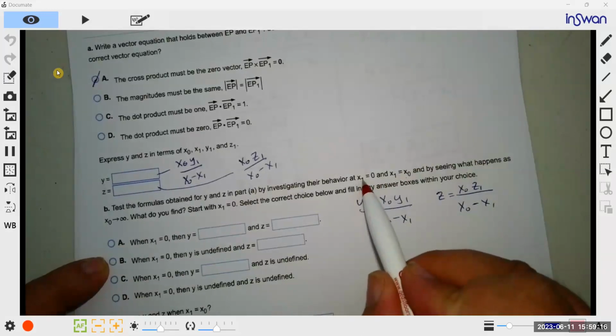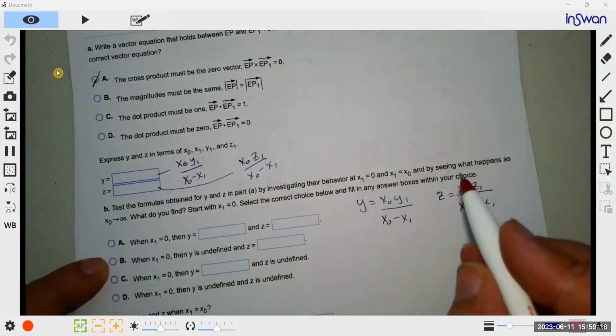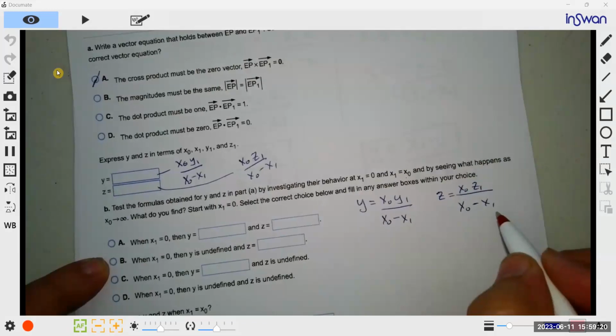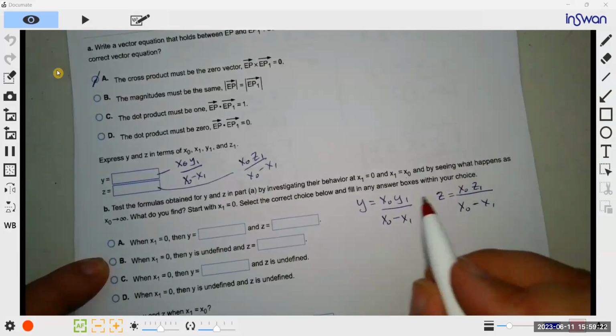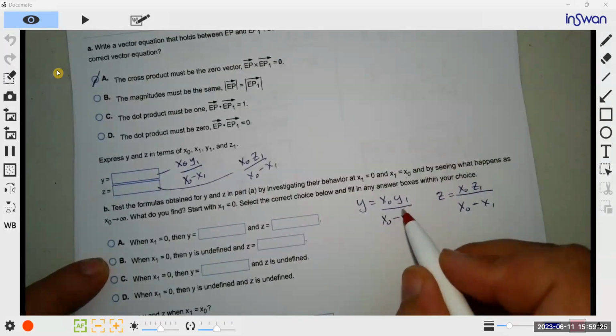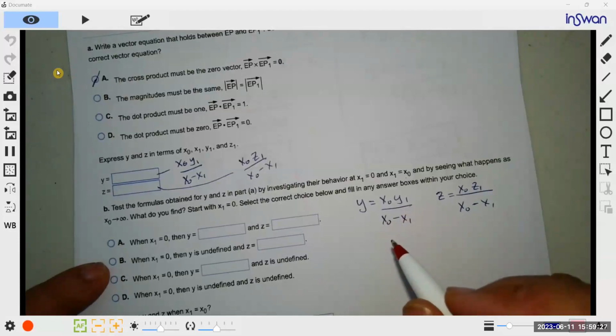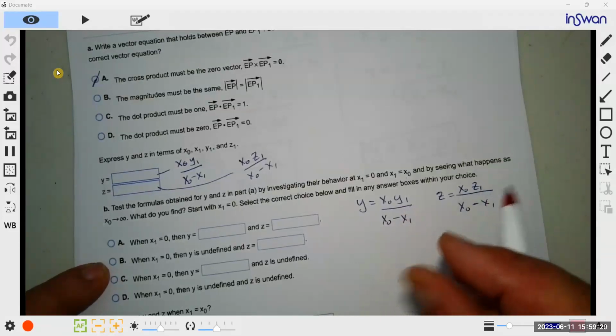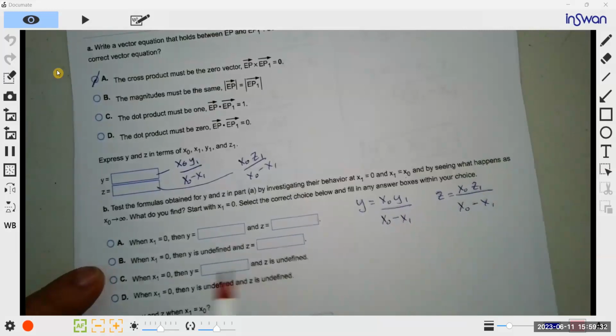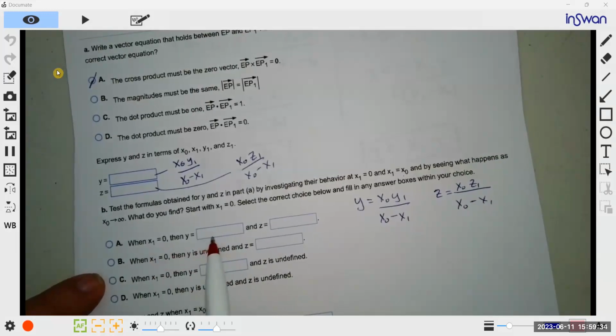When x1 goes to 0, both can be defined, and the bottom doesn't go to 0.